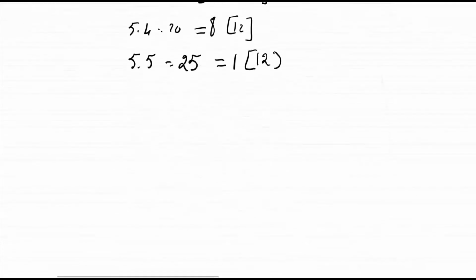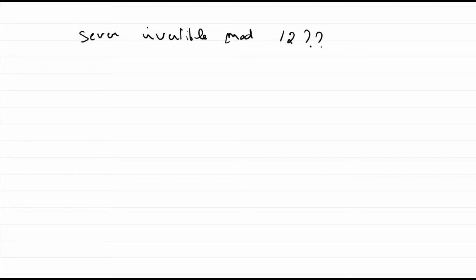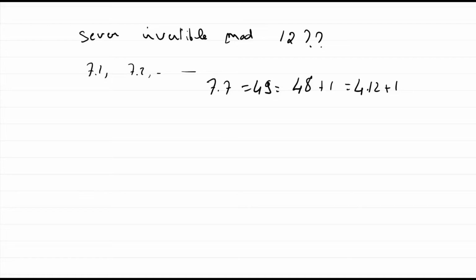Another example, modulo 12, exercise: is 7 invertible, and what's its inverse, if it exists? When you try them, 7 times 1, 7 times 2, etc., you reach, in fact, 7 times 7, which is 49, which is 48 plus 1, and 48 is 4 times 12, so this is equal to 1 modulo 12. And so the answer is yes, and the inverse is 7.